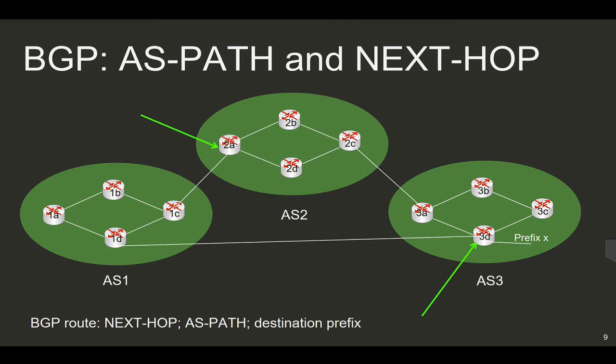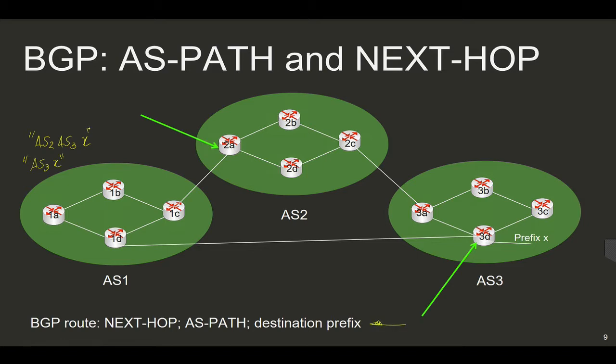So remember here in our network that AS1 is going to receive the routing advertisement AS2, AS3, X, and it's also going to receive AS3, X. Now in practice, what it's going to receive is not just this, but a message of this nature.